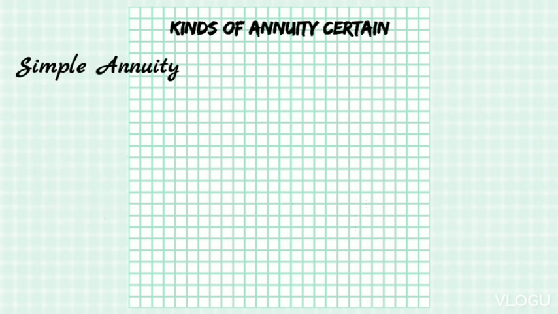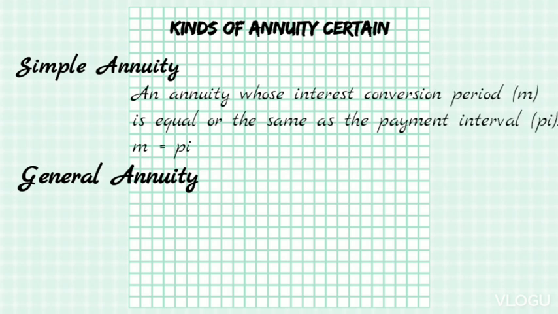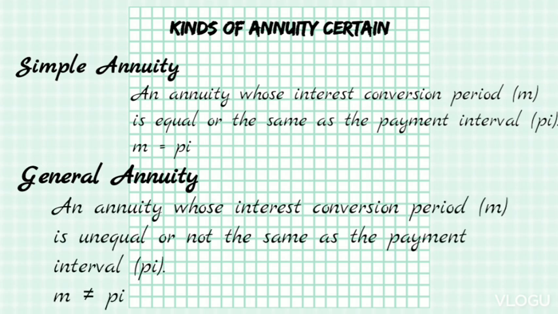For now, let's focus first on the annuity certain. We have two kinds of annuity certain: first is a simple annuity and second is a general annuity. A simple annuity is an annuity whose interest conversion period, or M, is equal to or the same as the payment interval.